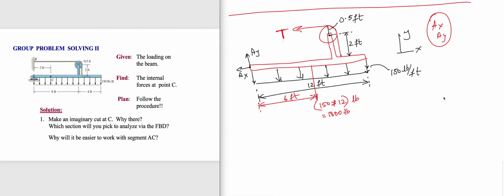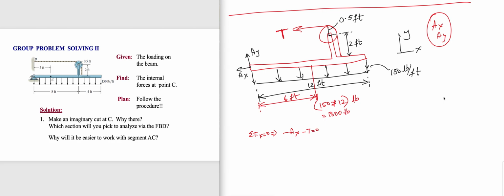You take sigma Fx equal to 0, which implies negative AX, because I took AX to the left in the free body diagram, and negative T, negative AX negative T, equal to 0. Wow, that means I have to find T to find AX. There is no other way.